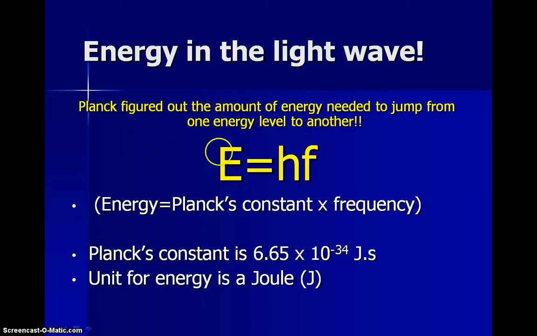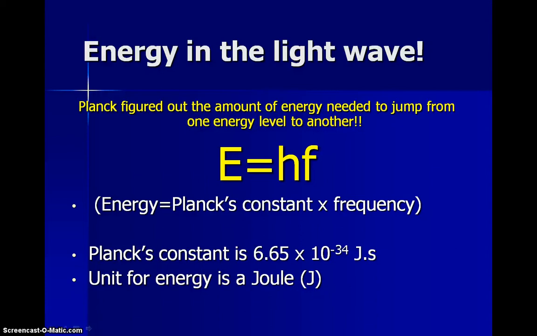It's E, energy, is equal to H, which is Planck's constant. It's a known value, it never changes, times F, the frequency. So the Planck's constant is written here at 6.65 times 10 to the negative 34th, and the unit is joules times seconds. Okay? And the unit for energy is then joules.